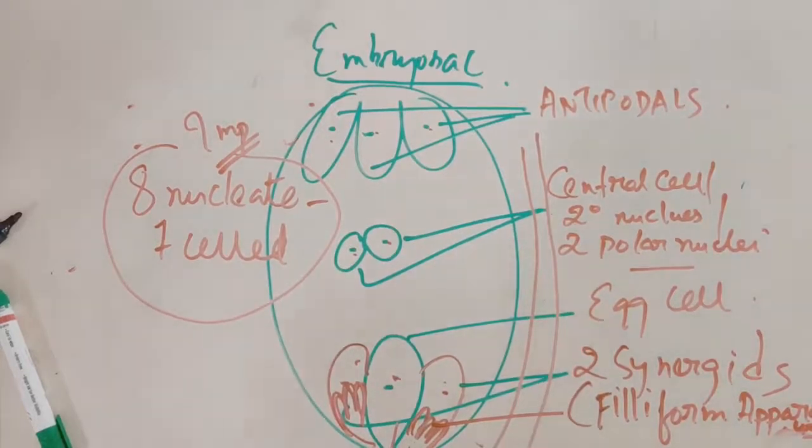So it has a synergid function. Antipodals, they don't have any particular function. Polar nuclei, we'll see polar nuclei in the egg, they are going to help us in the fertilization. And embryonic at maturity is 8 nucleate, 7 celled.